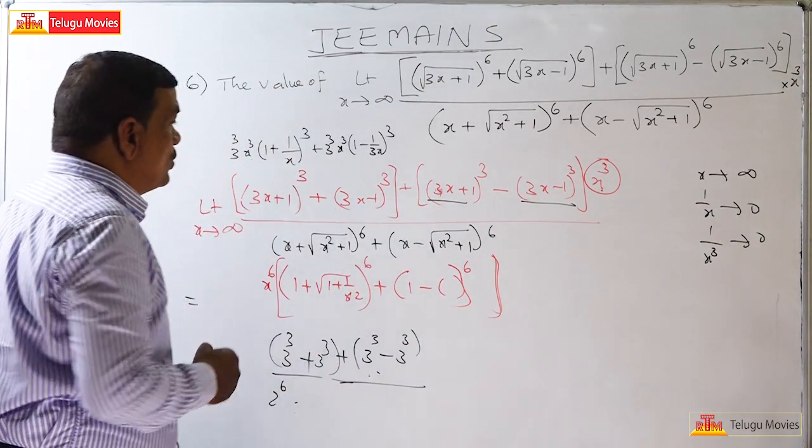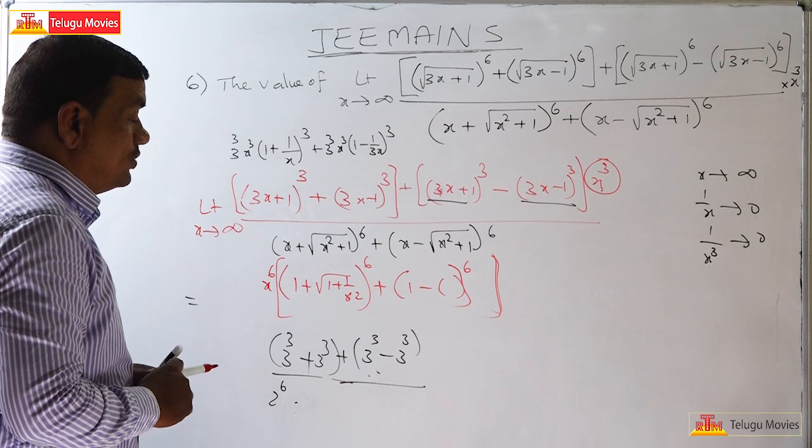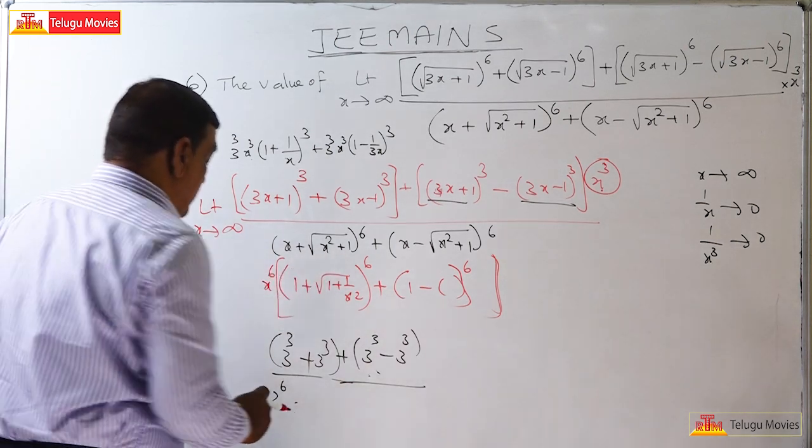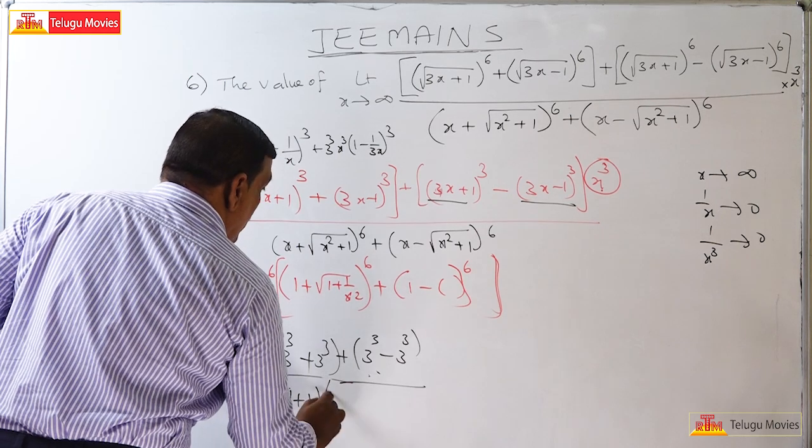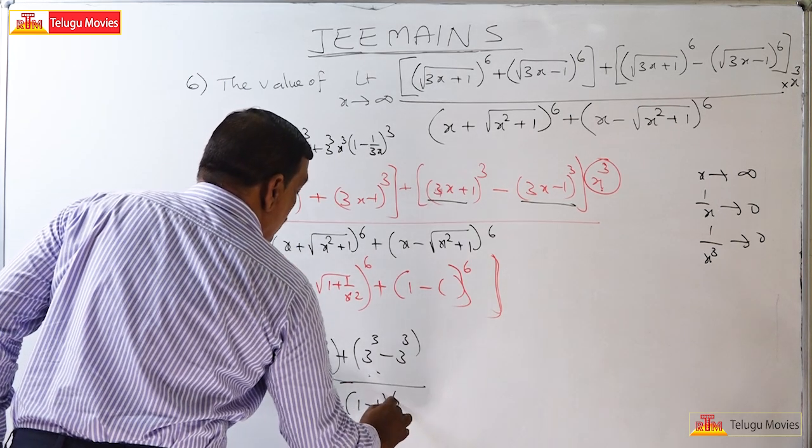Okay? So denominator, this is equal to 1 plus 1 whole power 6, 1 minus 1 whole power 6.